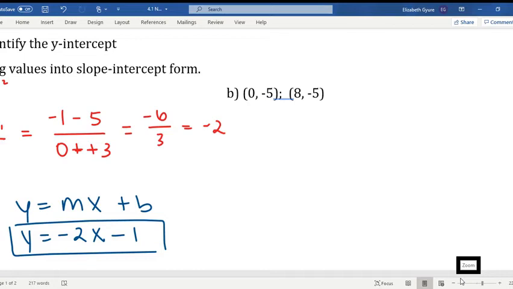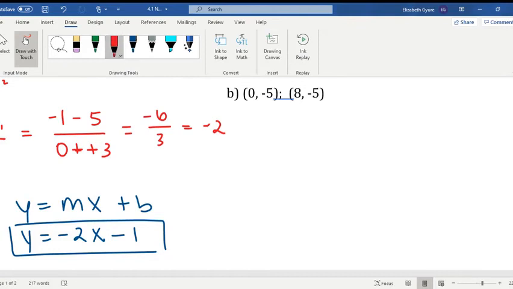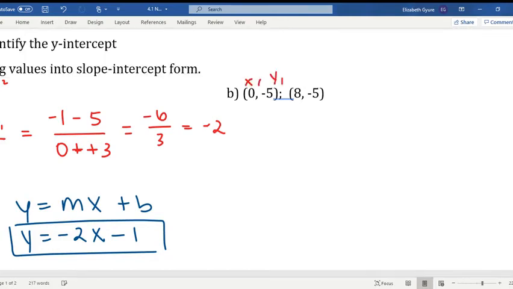Yeah, it's very short. All right, so for part B, and we might skip around a little bit on the notes, so don't worry. Okay, so for B, we have 0, -5, and 8, -1. First step is to find the what? Yeah, your slope, your x1 and your y1. Let's find your slope. So here's x1, y1, here's x2, y2.